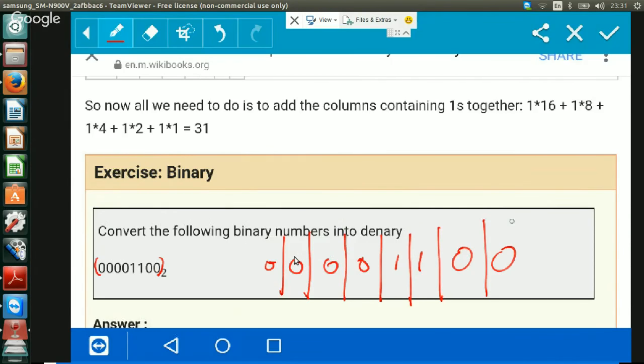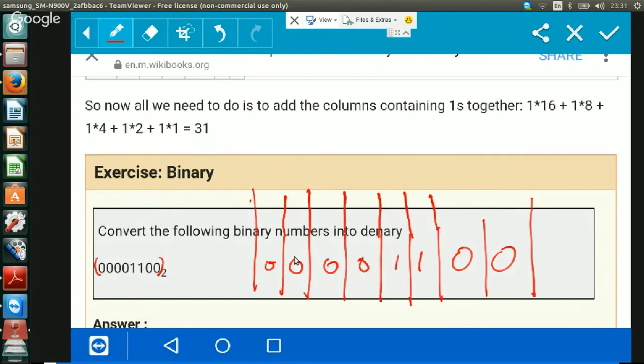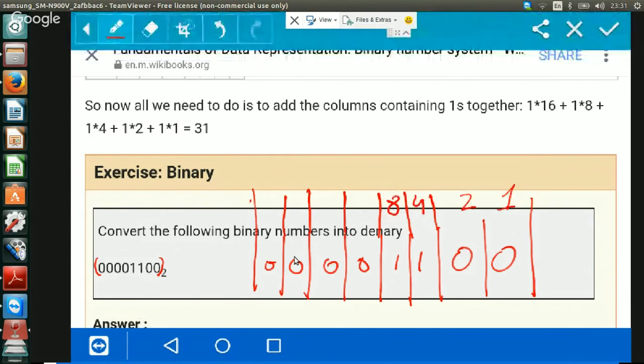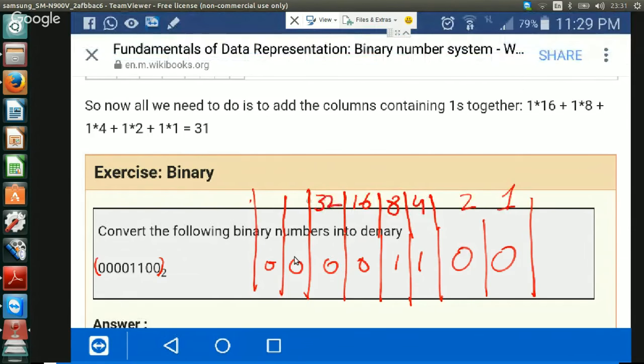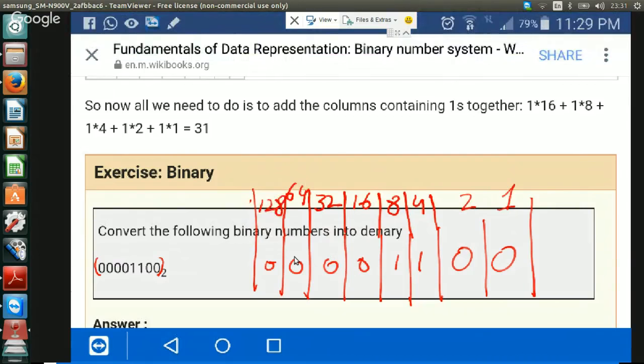Okay, the first zero, it's 1, it's 2, it's 4, it's 8, because we're calling the power raised to power n. This is 16, this is 32, this is 64, and this is 128. The 8th bit is the 128.